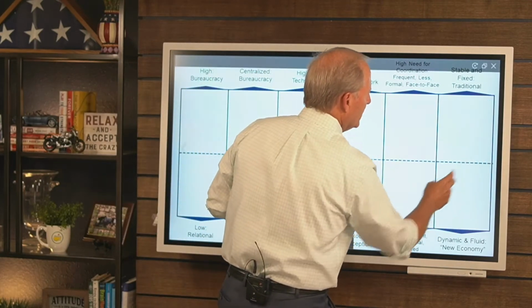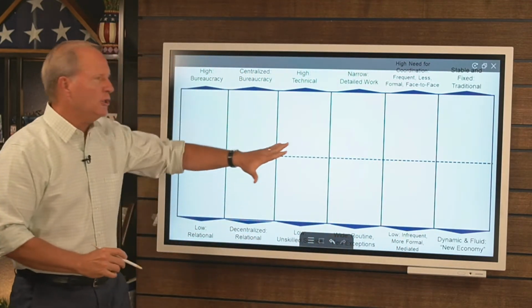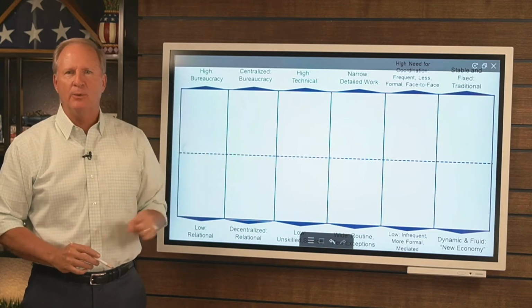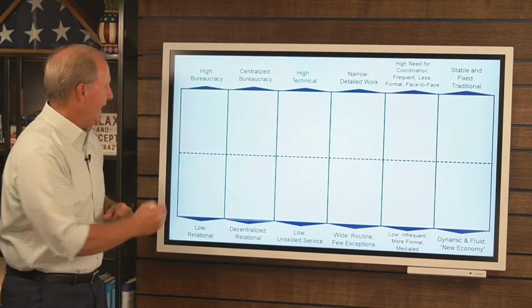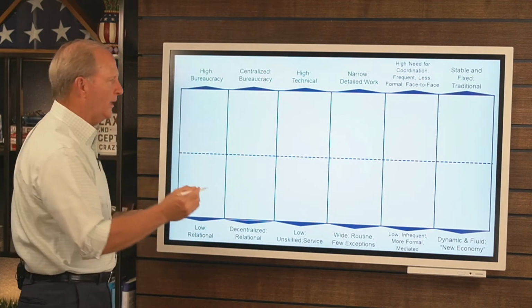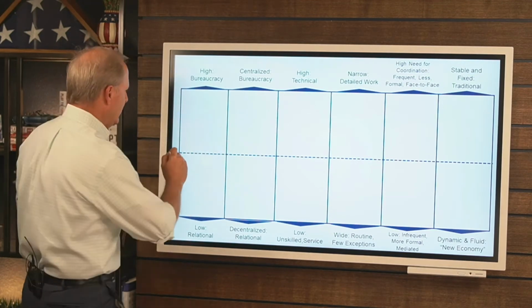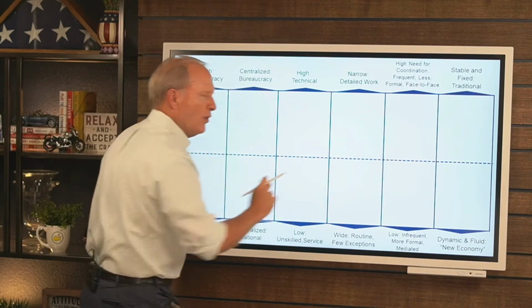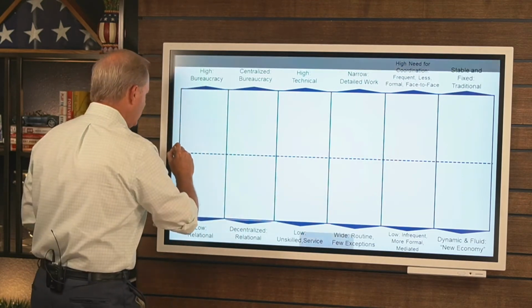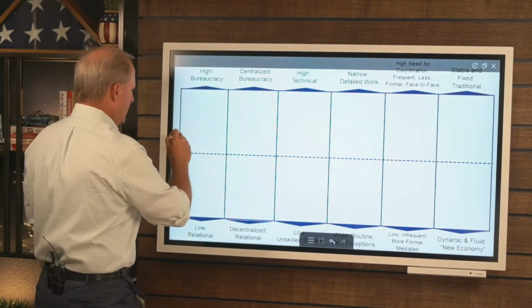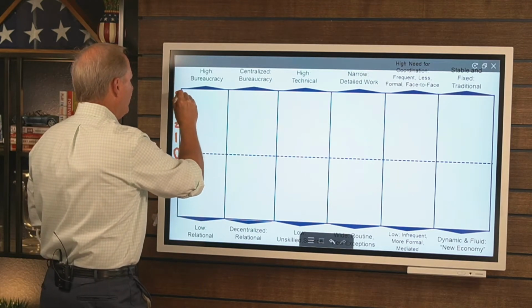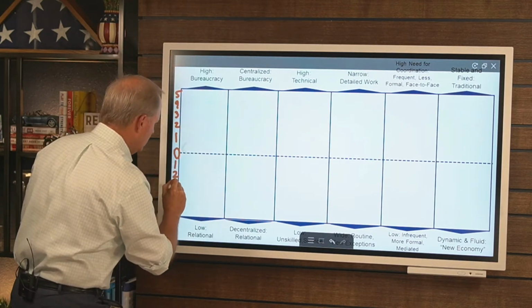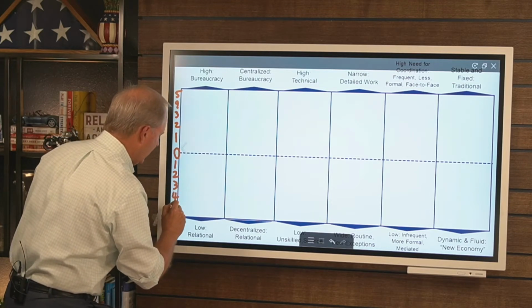So what I want to show you is that we use this exact example with executives. We take that same information and take it away, and now I want to create a scale. Here you see the dotted line drawn across the middle, and typically we'll put a 0 here, then 1, 2, 3, 4, 5, and 1, 2, 3, 4, 5.